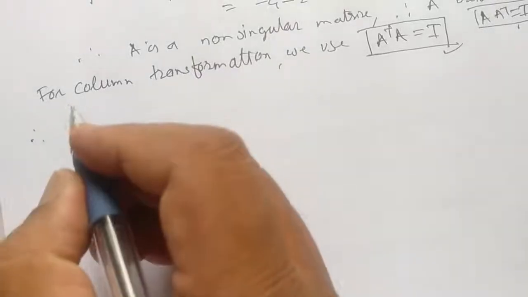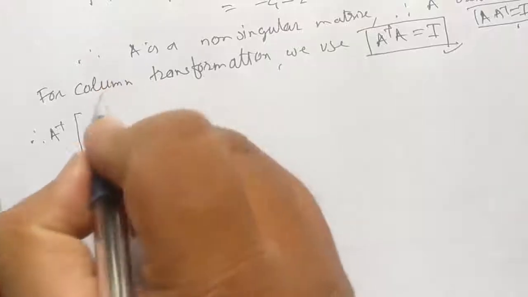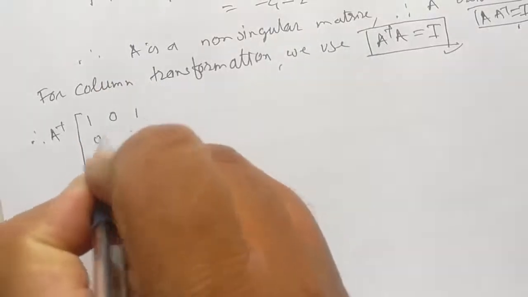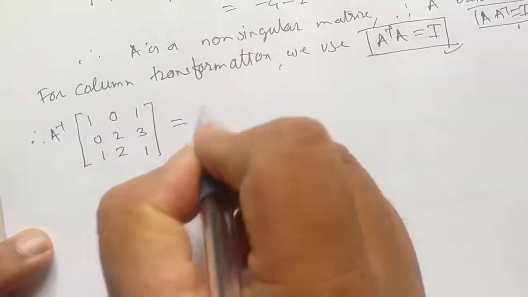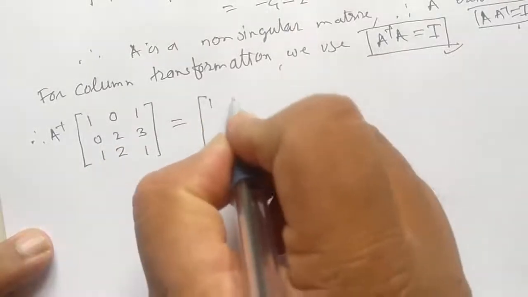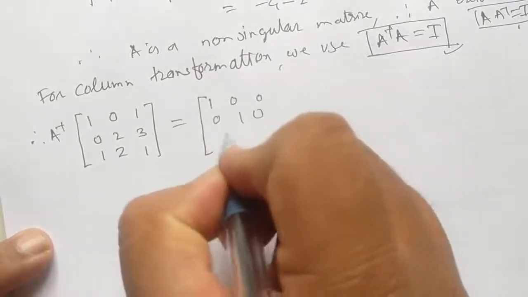Therefore, A inverse into A, the given matrix 1 0 1 0 2 3 1 2 1, is equal to the identity matrix of the same order, 1 0 0 0 1 0 0 0 1.